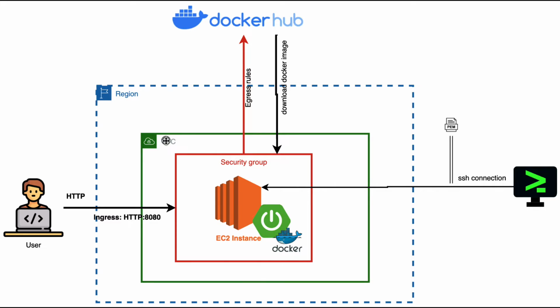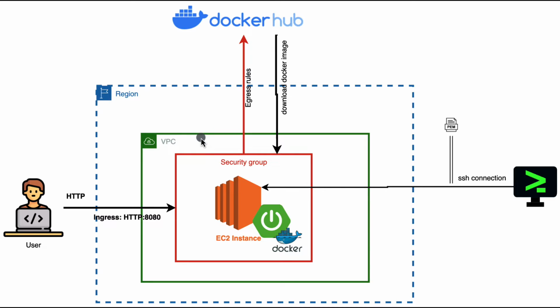And within a region, we will have our VPC. A VPC is a virtual private cloud, a logically isolated section within the AWS Cloud where you can launch AWS resources such as EC2 instances, RDS databases, and more. It acts as your own private network within the AWS Cloud.